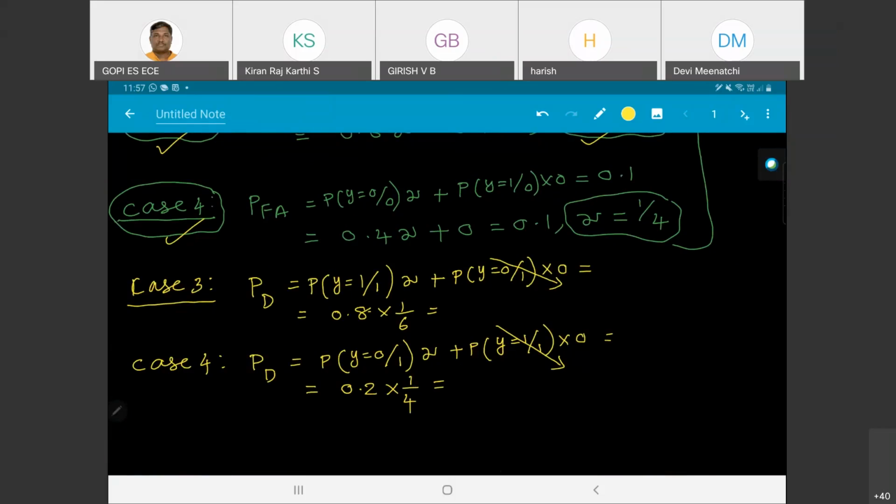You have to see whichever is greater among these two. Tell me which is greater here. Case 3, right?